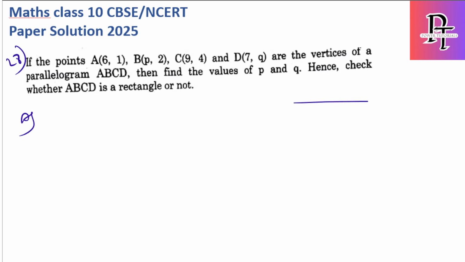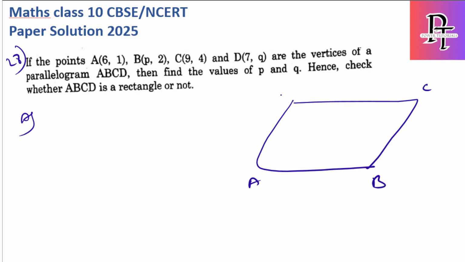Clearly mentioned, ABCD is a parallelogram. A is the point (6, 1) as vertex, B (P, 2), C (9, 4) and D (7, Q).